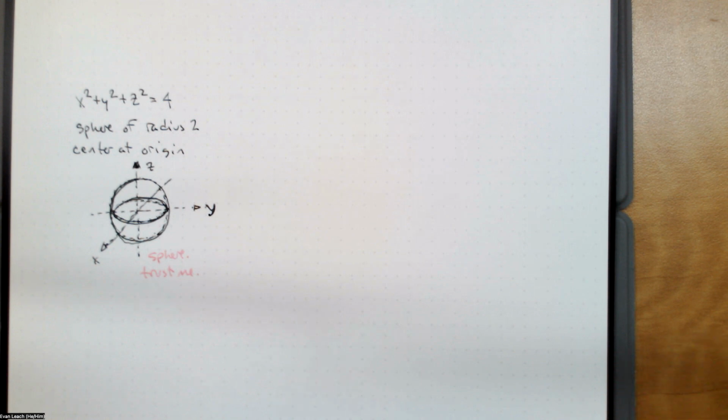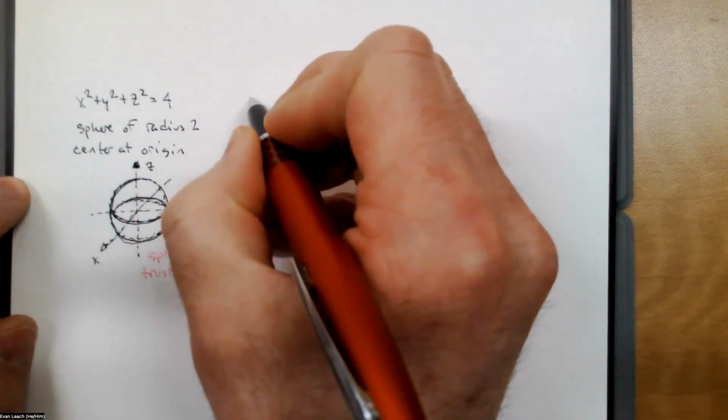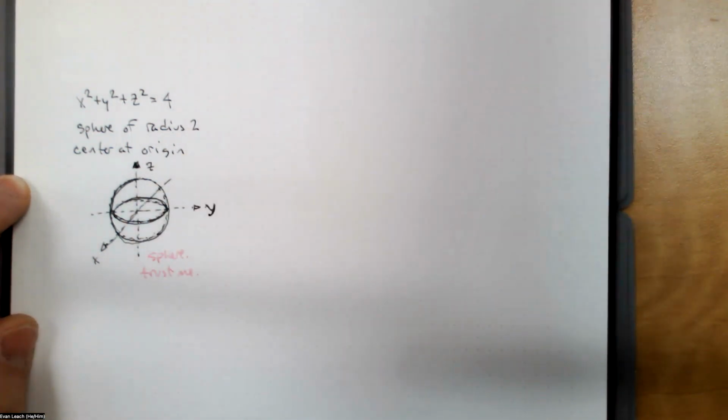So 2-dimensional creatures would have to view this with level curves.